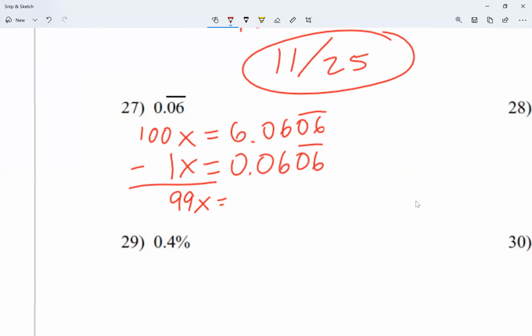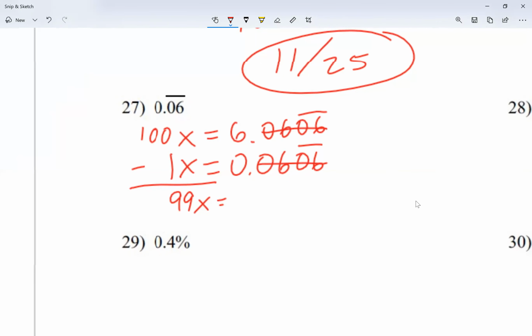Now the interesting part on the right side, notice how everything after the decimal point is the same thing. So can I say these cancel out? I'm going to say those two cancel out because it is the same thing, 0.0606 on and on and on. All right, so let me cancel that out.